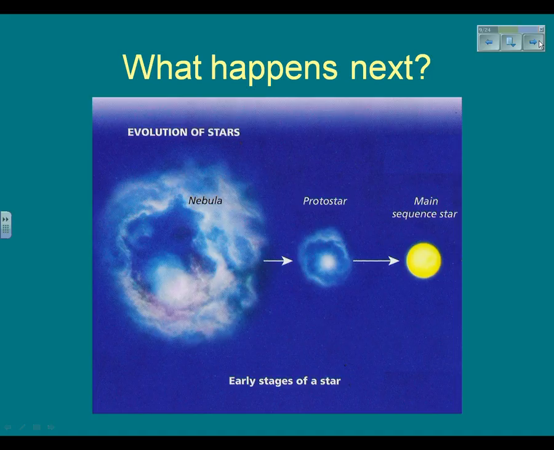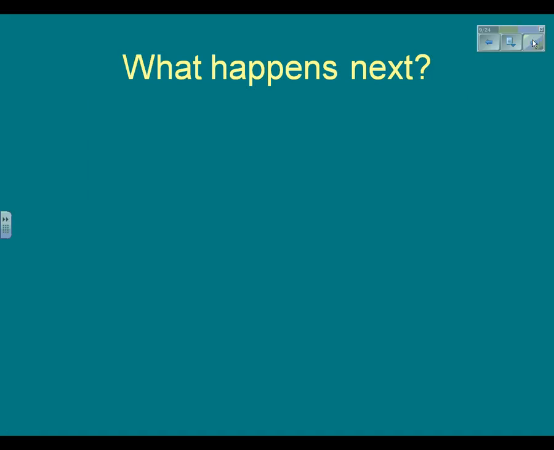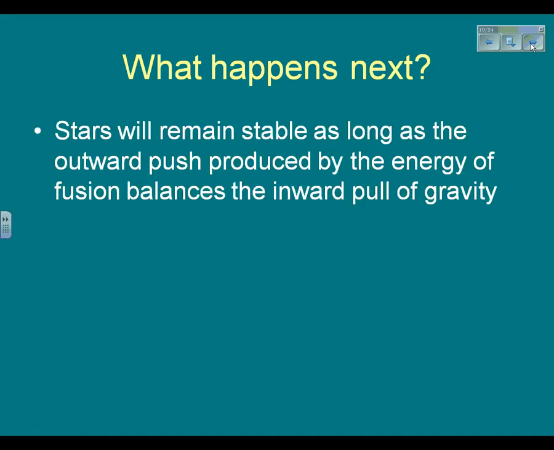And we said those two competing forces were what? Fusion pushing outward, or the heat from fusion causing it to get bigger, and then gravity pulling it in. As long as those two things remain balanced, the star is stable. Like I said, it doesn't move on the HR diagram. It just stays where it is, but it'll be stable.